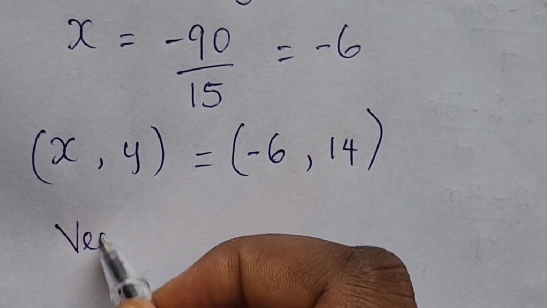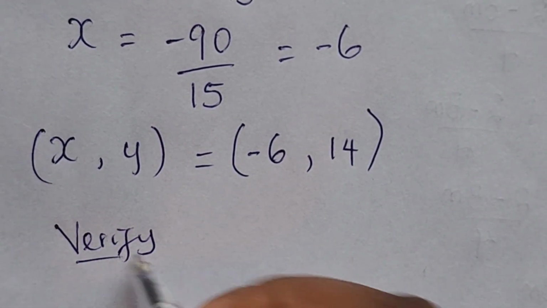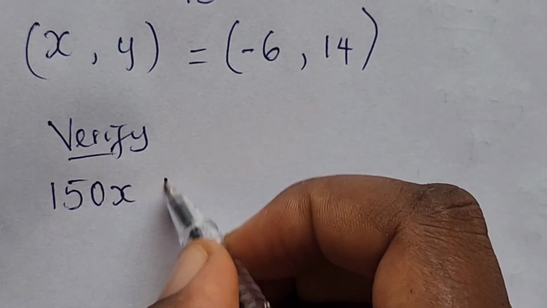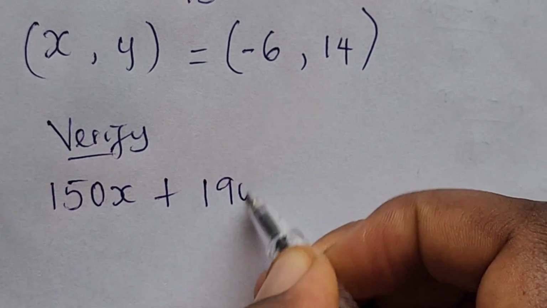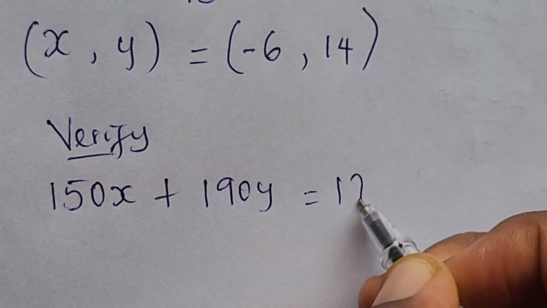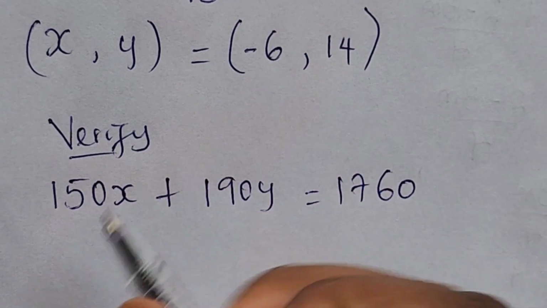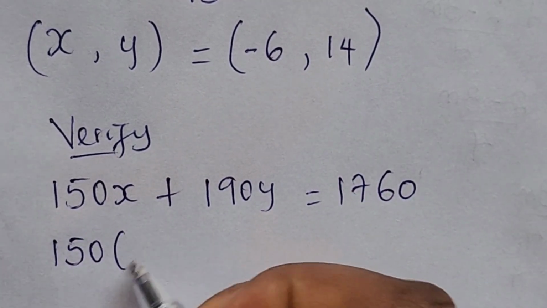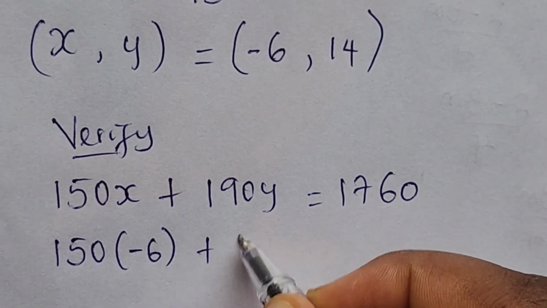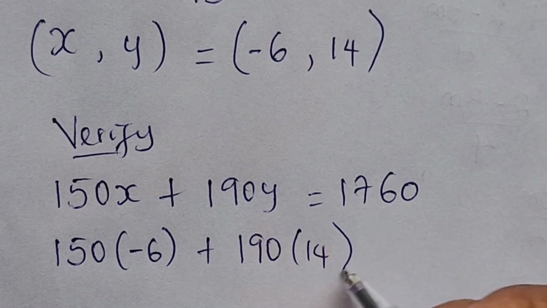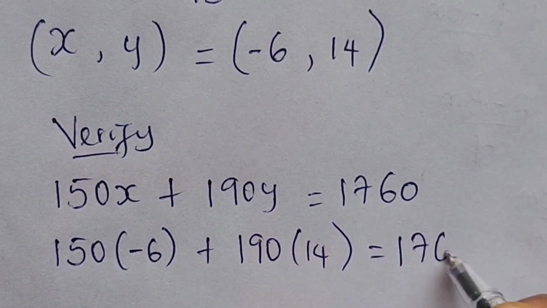So let's verify. We have 150x plus 190y equal to 1760. Our x is minus 6, so we have 150 times minus 6 plus 190 times our y, which is 14, equal to 1760.